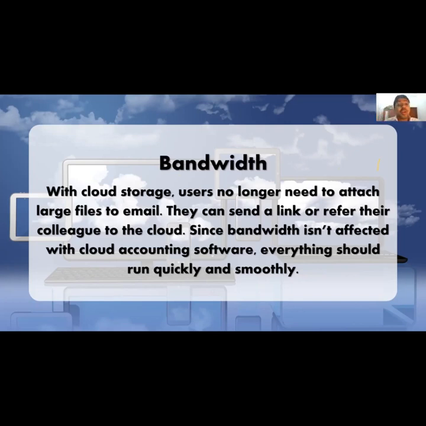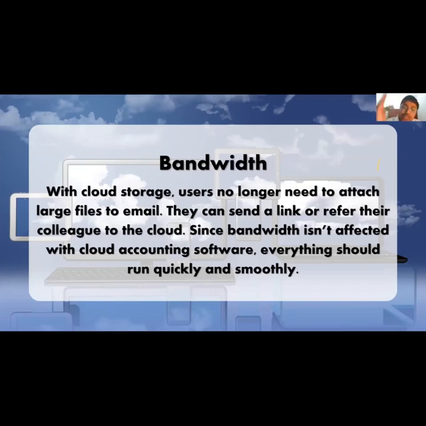Example, let's assume you have a sales invoice. I'm one of the users using the solution, and in the sales invoice I have attached a PDF. Let's assume this PDF has to be referred to by another colleague of mine. What I have to do is provide only the link. He has a user login, so he logs in to his solution.